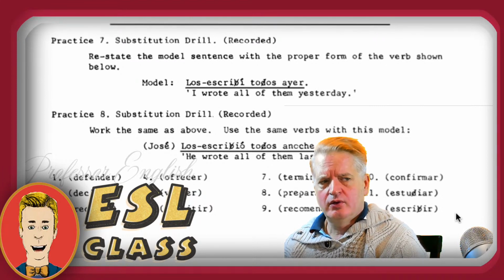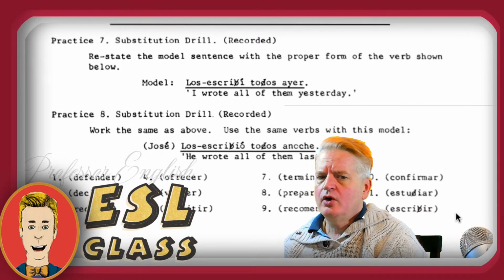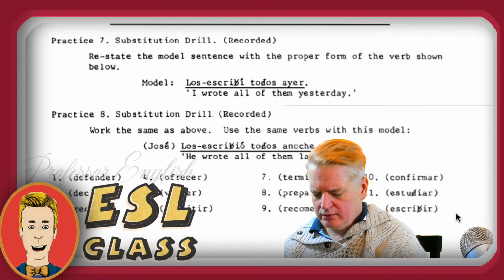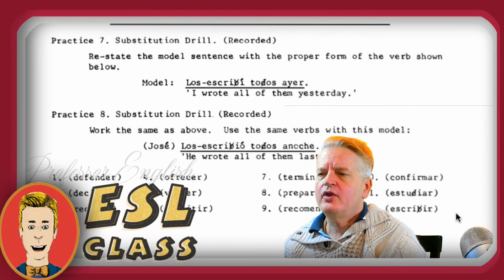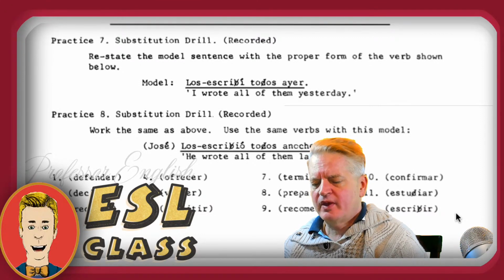Los defendí todos ayer. Number 2. Decidir. Los decidí todos ayer. Number 3. Recibir. Los recibí todos ayer.